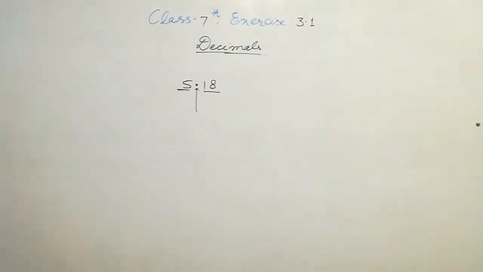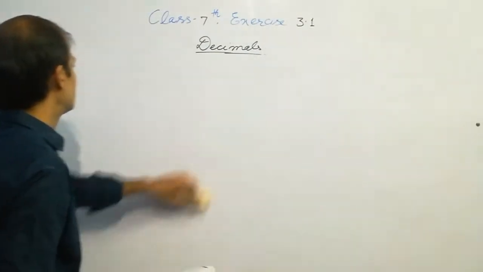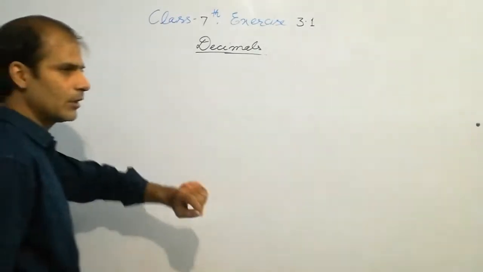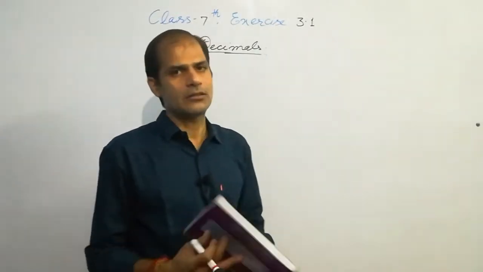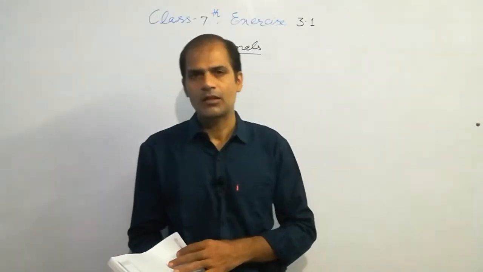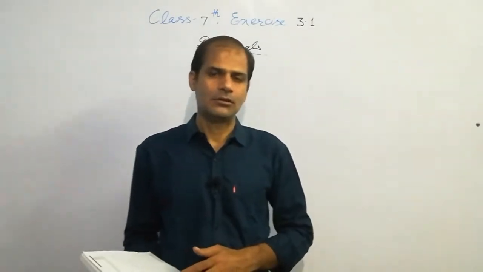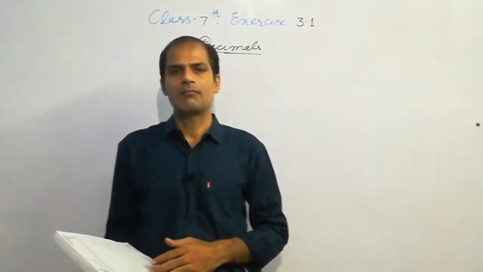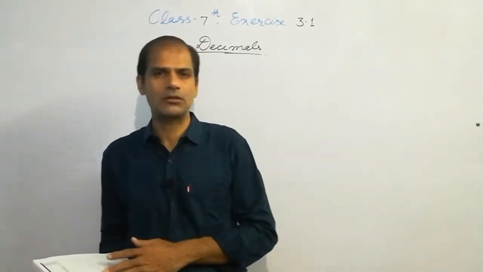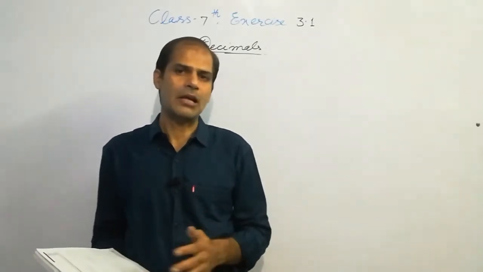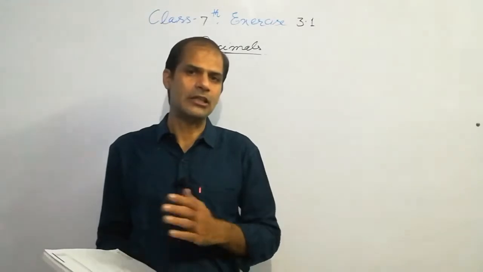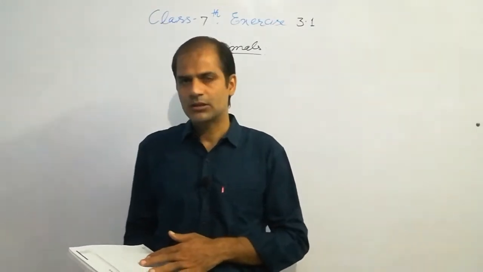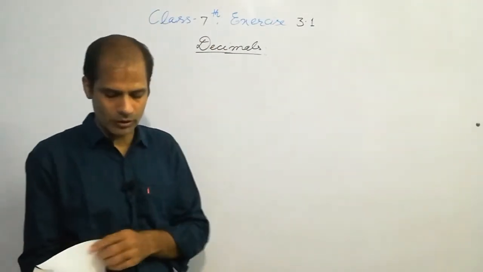Now we come to the point. In this video we will discuss the addition and subtraction of decimal numbers, and we will compare, means we will find the biggest or smallest decimal number, and sometimes we need to arrange the given numbers in ascending or descending order.